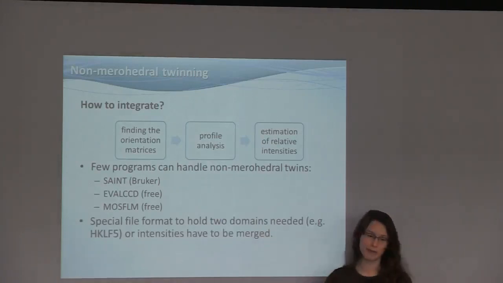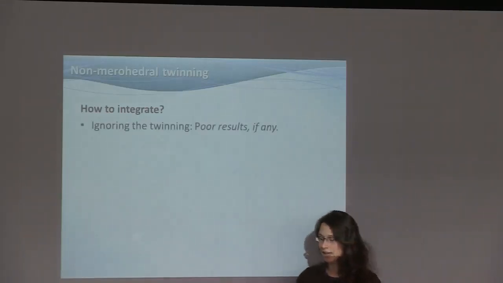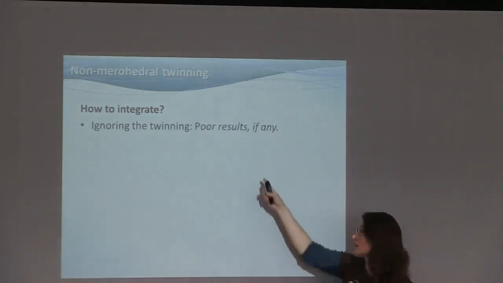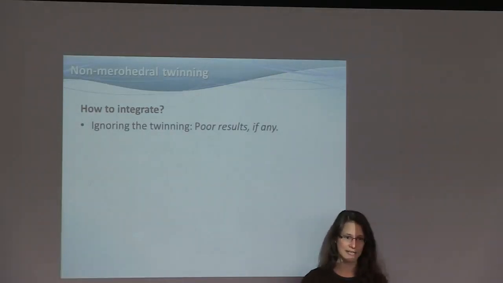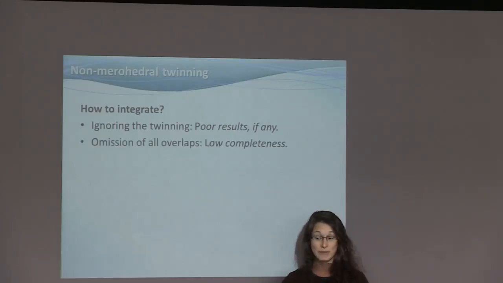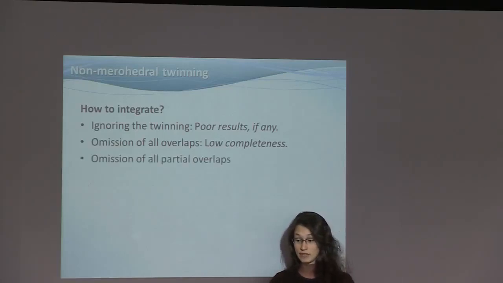You need a special file format if you want to hold both domains, or you can merge them. There are other options. You can ignore the twinning. That can give you poor results, if any, but there are cases where it worked. You can omit just all overlaps. You get a low completeness, but you can process then, and if you use only one cell without the alternative orientation, it might get you somewhere.